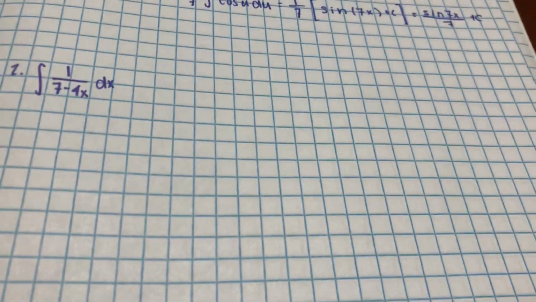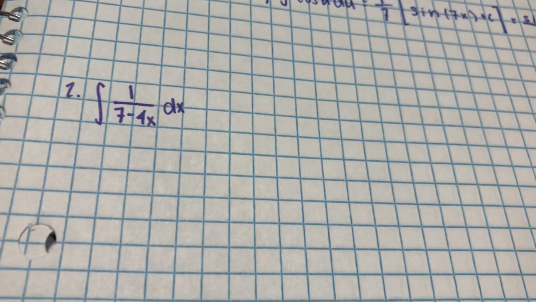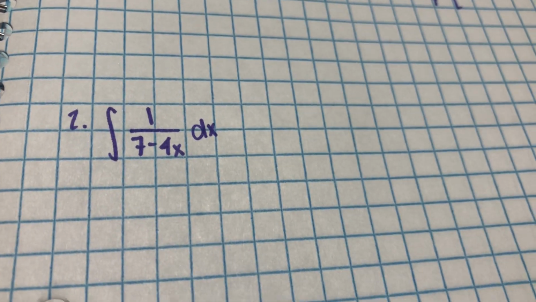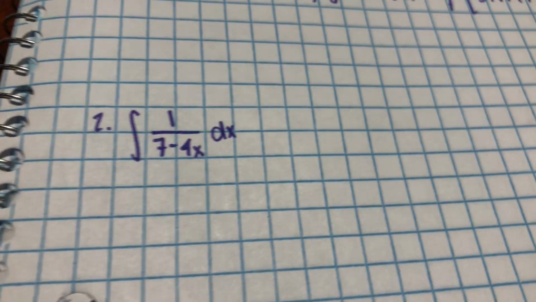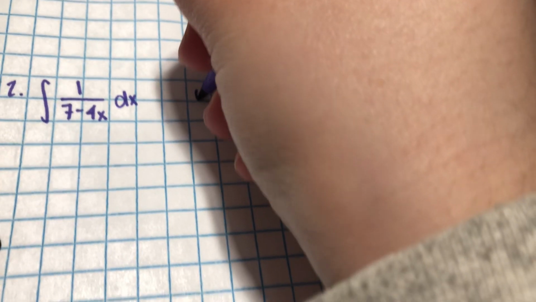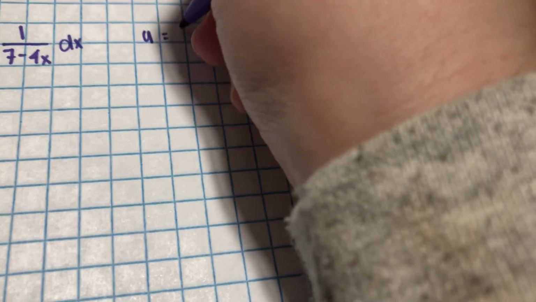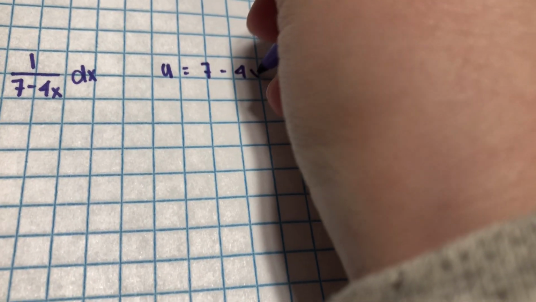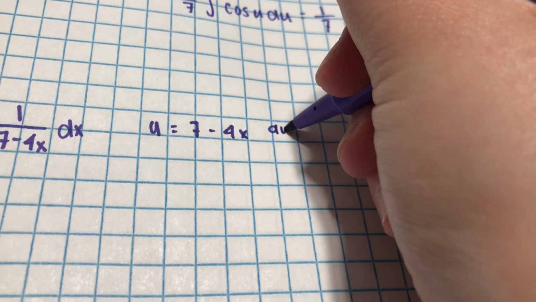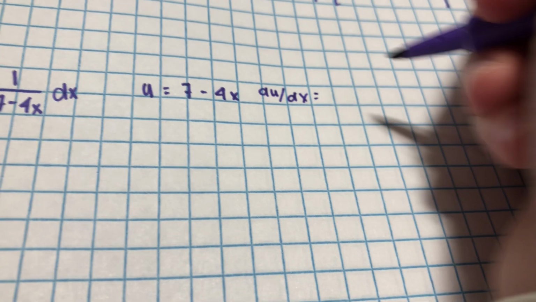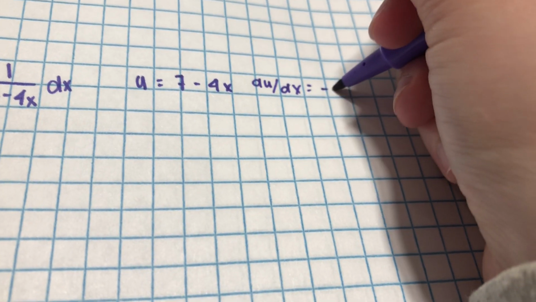And so our second example, we have the integral of 1 over 7 minus 4x dx. Our u for this, since we don't have a quotient rule, is 7 minus 4x. The derivative of that, du over dx, is negative 4.